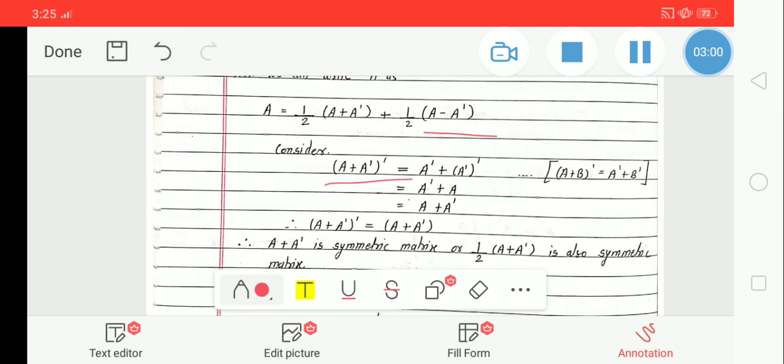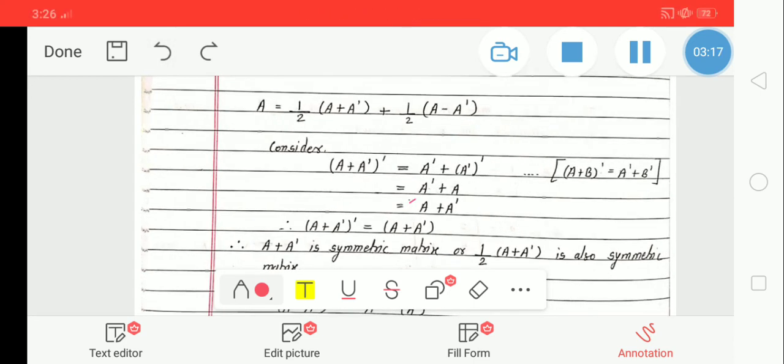Here we can write (A plus A dash) whole dash is equal to A dash plus A dash of dash. Means A dash of dash is equal to the given A, meaning the transpose of the transpose is the given matrix only.